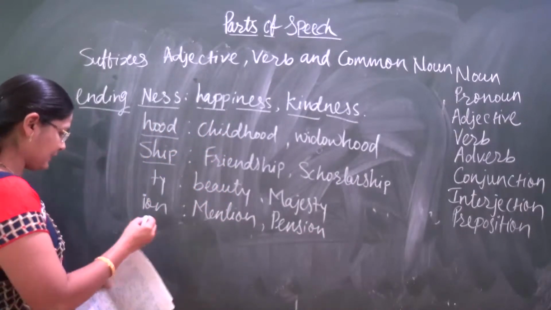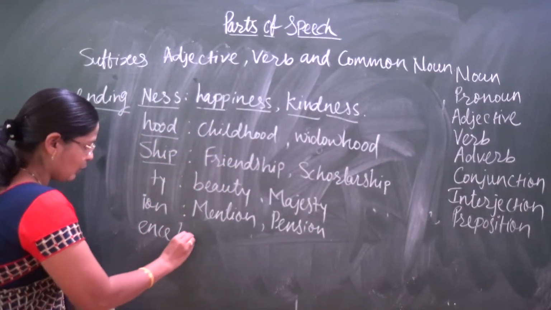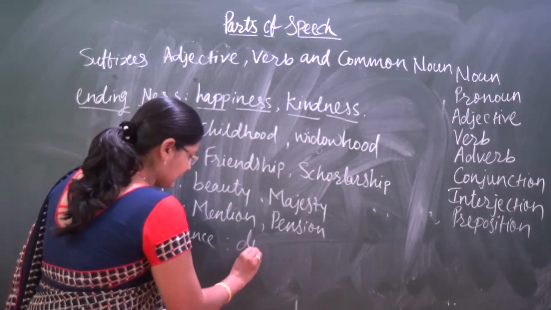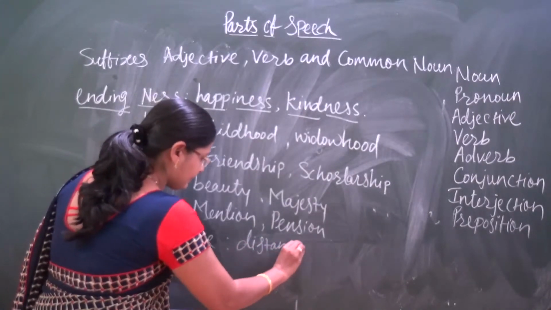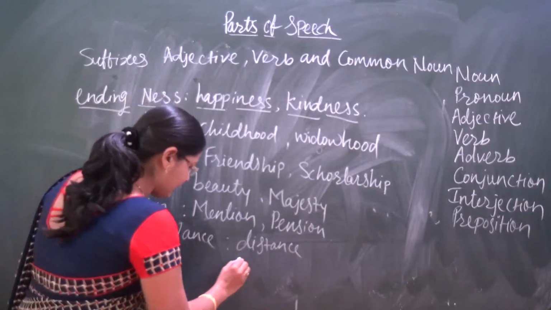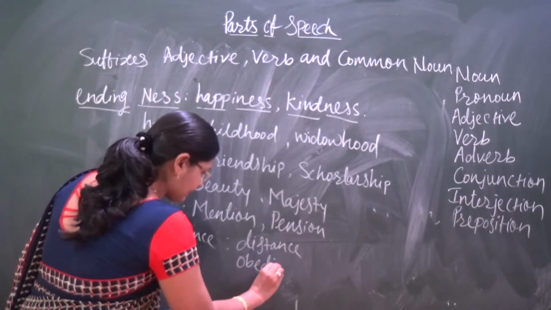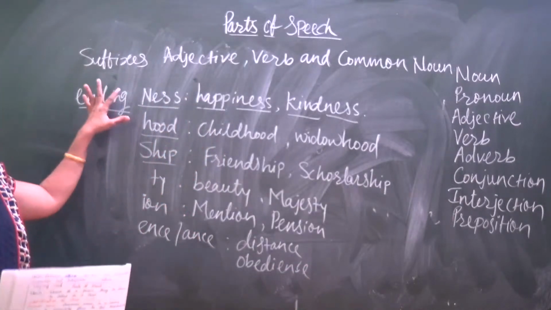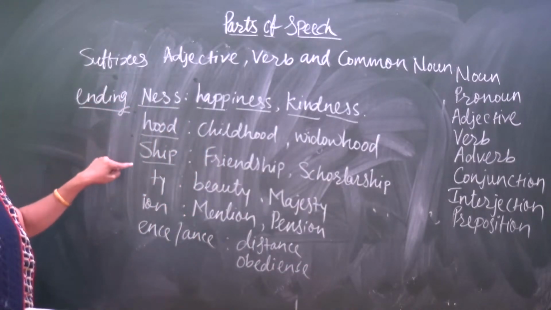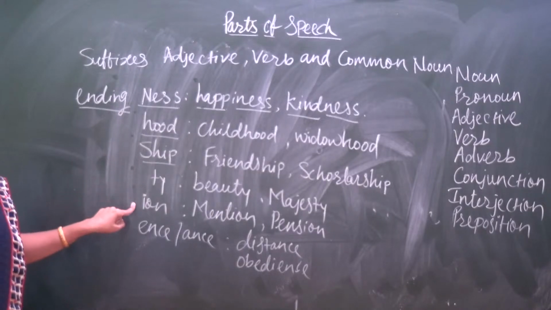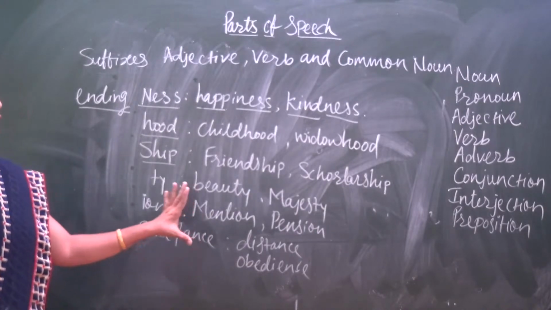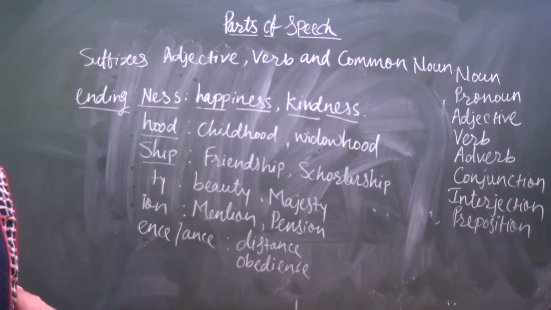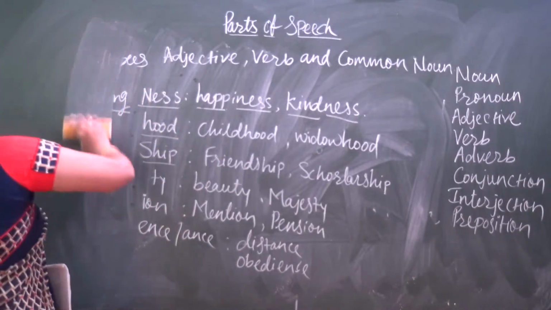Then the next is ENCE or ANCE. In that, distance, obedience. So we are adding these suffixes like ness, hood, ship, ty, ion, ence, ance to the adjectives, verbs or common nouns and making the noun. Some more are there. I am writing here right now.